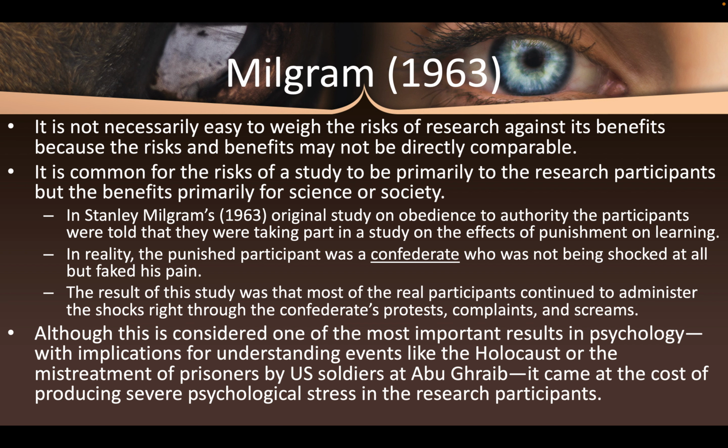In Stanley Milgram's original study on obedience to authority, the participants were told that they were taking part in a study on the effects of punishment on learning. In reality, the punished participant was a Confederate who was not being shocked at all but faked his pain. The result of the study was that most of the real participants continued to administer the shocks right through the Confederate's protests, complaints, and screams.